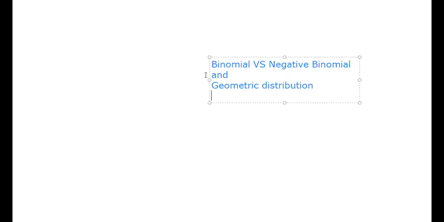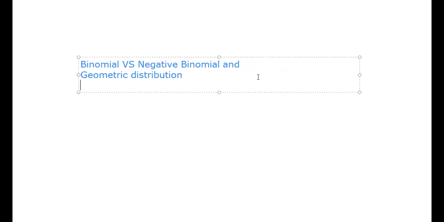So our main topic is binomial versus negative binomial versus geometric distribution, right? So I'm writing it here.